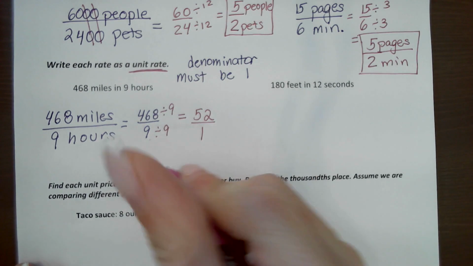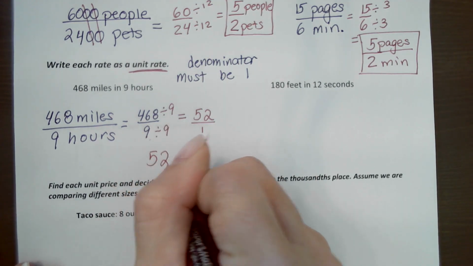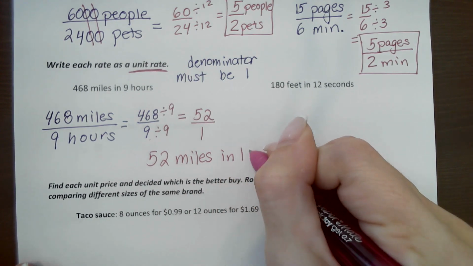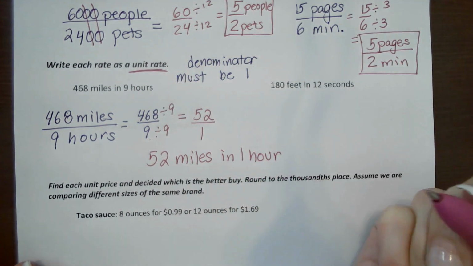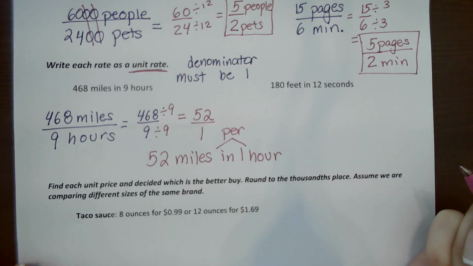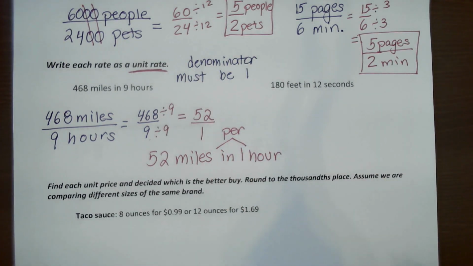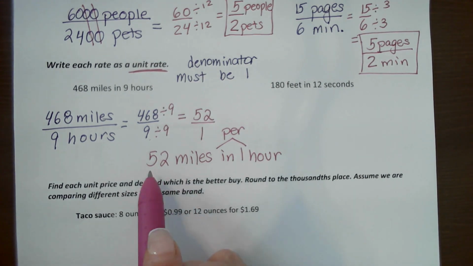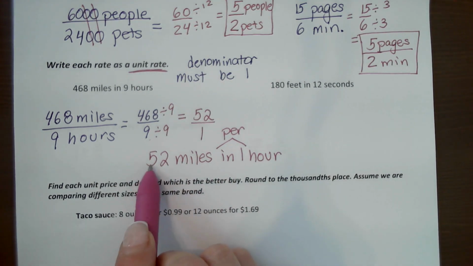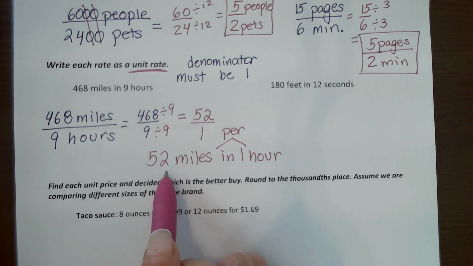Now, what does this represent? 52 miles in 1 hour. Or we could say per hour. So if we're traveling 468 miles and it takes us 9 hours, we're going at a speed of exactly 52 miles per hour.